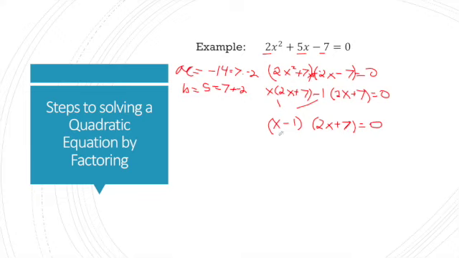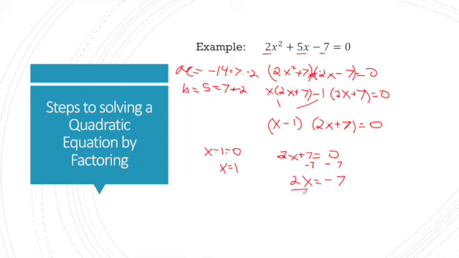So now I use the zero factor property, and I set each of these equal to 0. So I have x minus 1 equals 0, so I get x equals 1, and I have 2x plus 7 equals 0. So I subtract 7 from both sides. That's going to give me 2 times x equals negative 7.